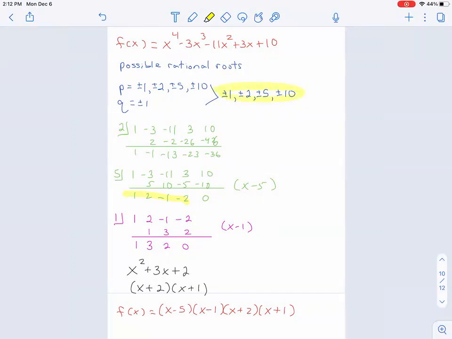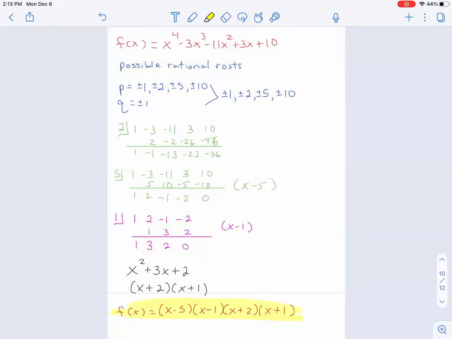Trying my possible rational roots again with those remaining coefficients, I tried 1 and ended up getting a remainder of 0, which told me x minus 1 was also a factor. That left me with a quadratic, which I factored into my last 2 factors. And so finally, f of x in factored form was this.